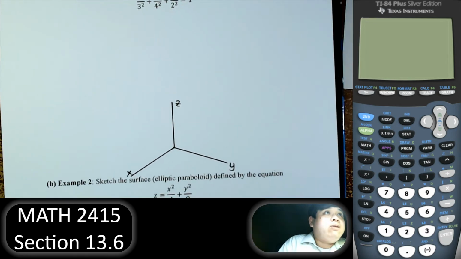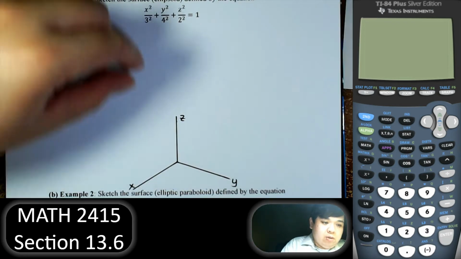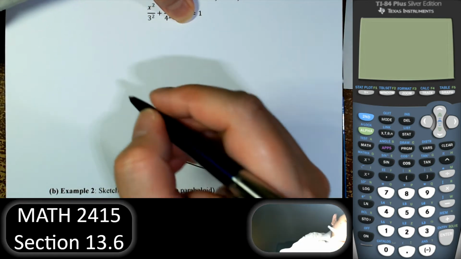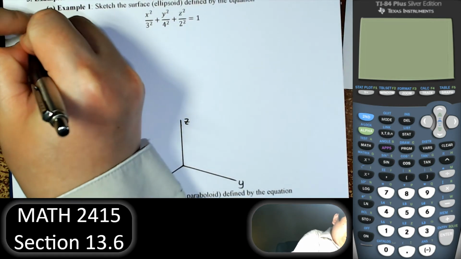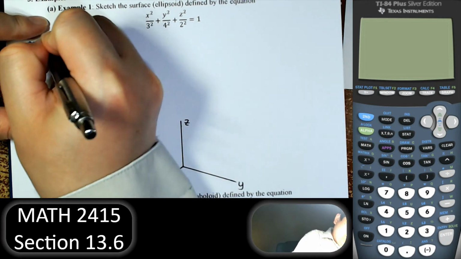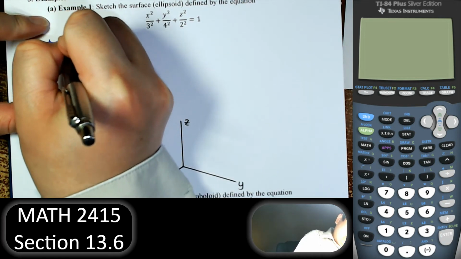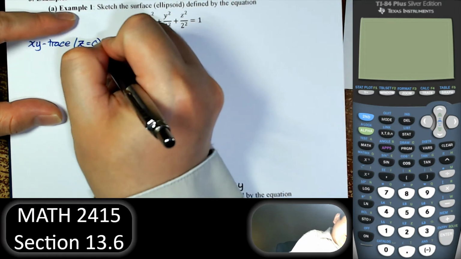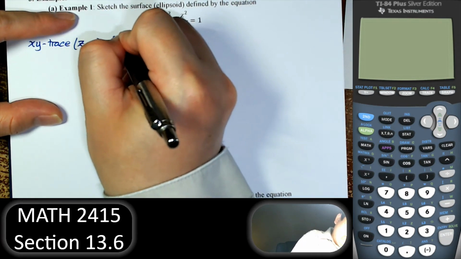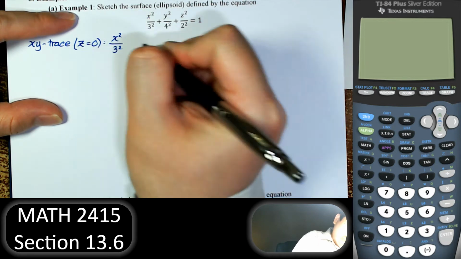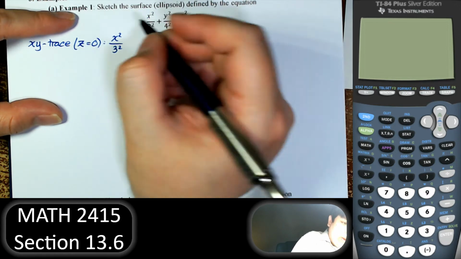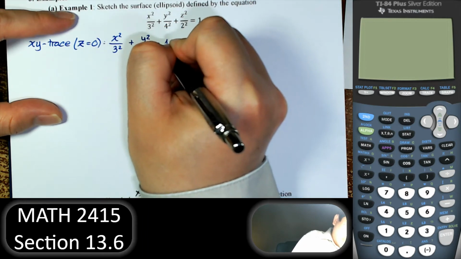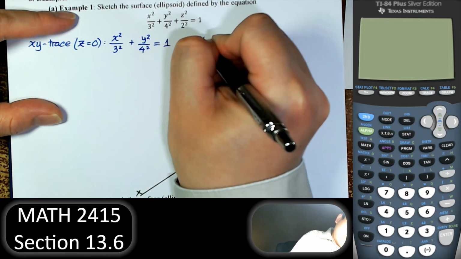So what's the graph of this equation? If we don't have z on the xy plane, the xy trace is where z equals 0. We have x squared over 3 squared plus y squared over 4 squared equals 1. This of course is an ellipse.